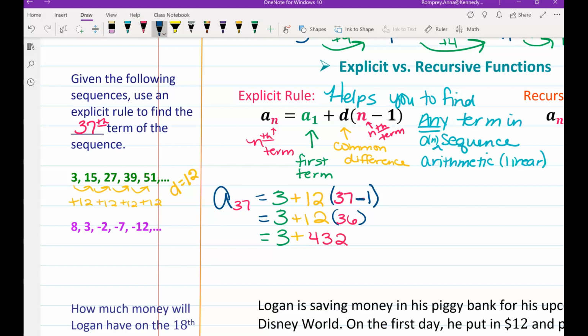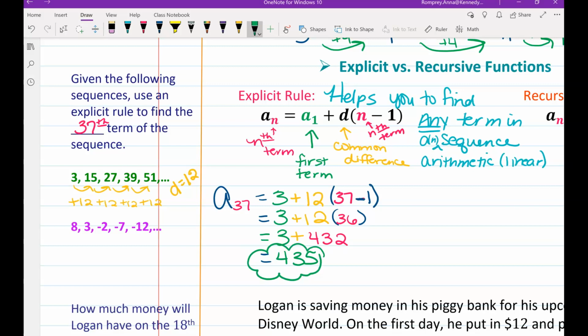So the 37th term of this sequence is 435. Now, wasn't that so much easier than continuing that pattern and doing 51 plus 12 plus 12 plus 12 until we got to the 37th term? Oh, that would have been obnoxious. So explicit rules help us to simplify super fast.